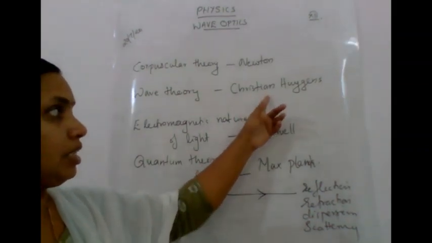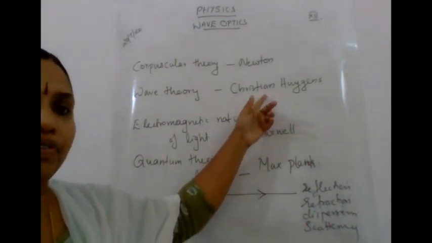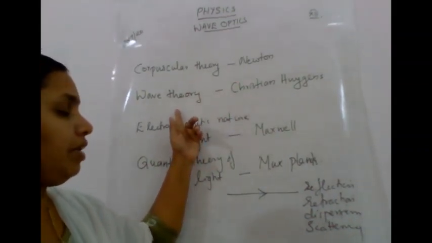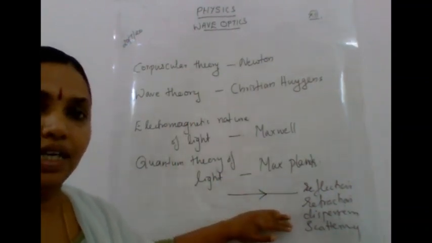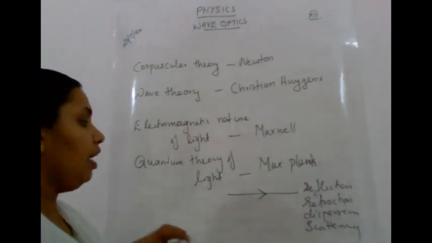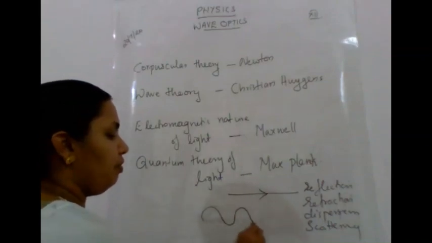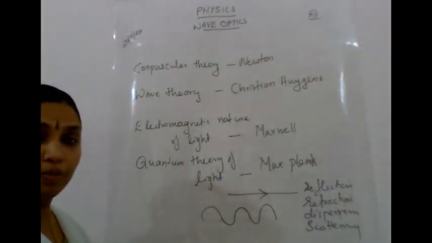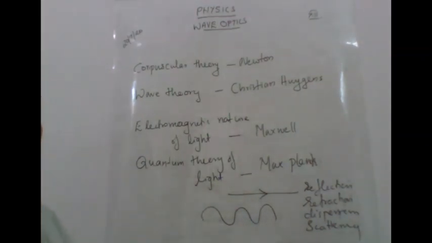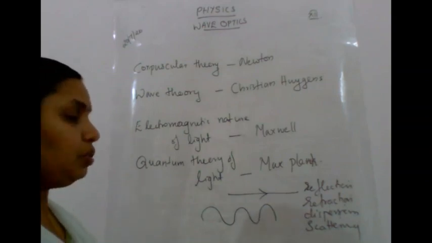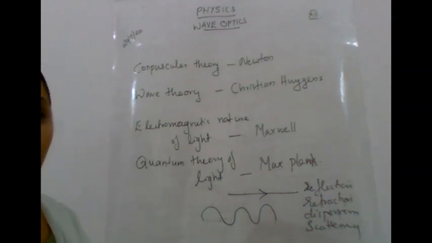Next, Christian Huygens put forward that light is traveling not only as a straight path, it is traveling in the form of a wave. That is, as the sound wave propagates, the light is also propagating as a wave. And he said that light is a longitudinal wave like the sound wave, but later on it was proved that this is wrong.